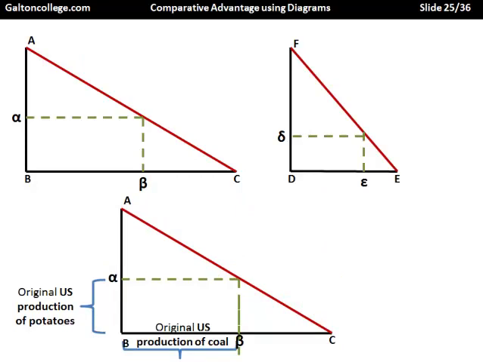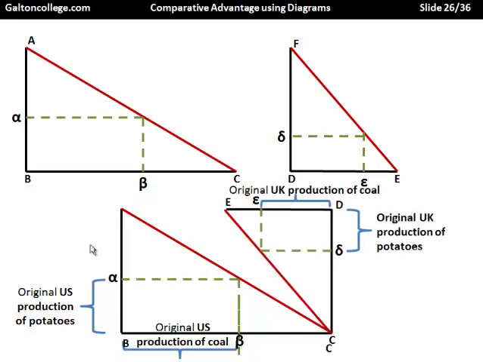Now we can see the original US production of potatoes, which is this point, and the original production of coal, which is there. That's the American original ones. And likewise for the UK, this is the original production of coal and the original production of potatoes, just there. Now it's worth bearing this in mind, because what we need to do is to show unambiguously that trade, when it happens, no trade so far, but when it happens, trade benefits the countries.